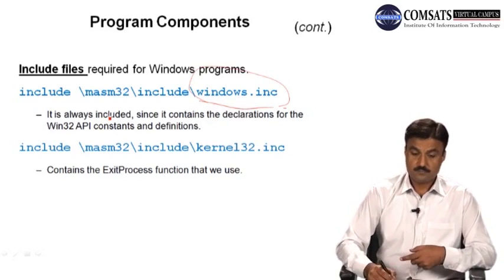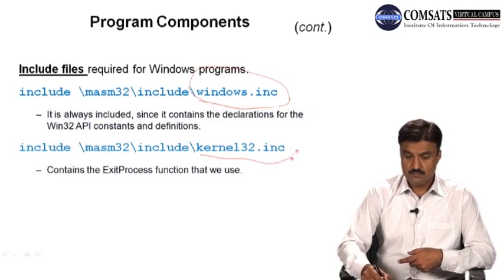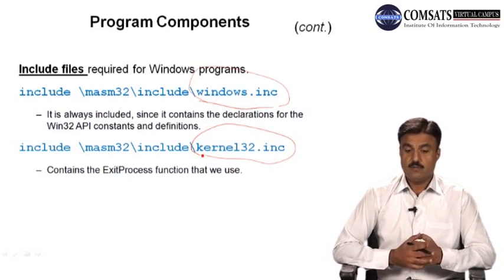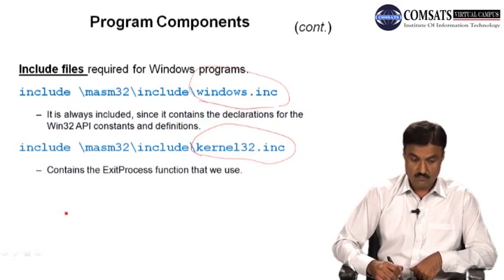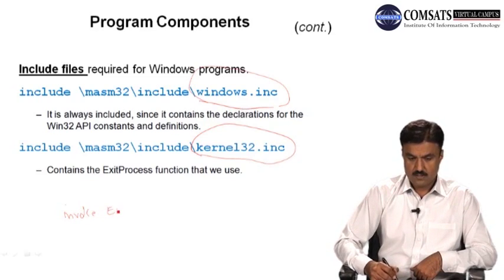And we use kernel32. It has different functions, like we use invoke ExitProcess, comma 0 and so on, or maybe sometimes we use null.